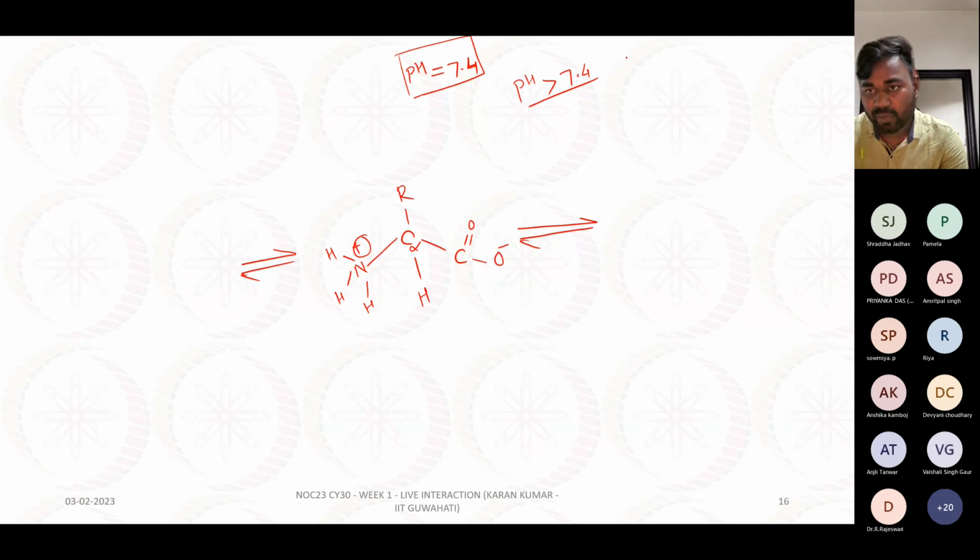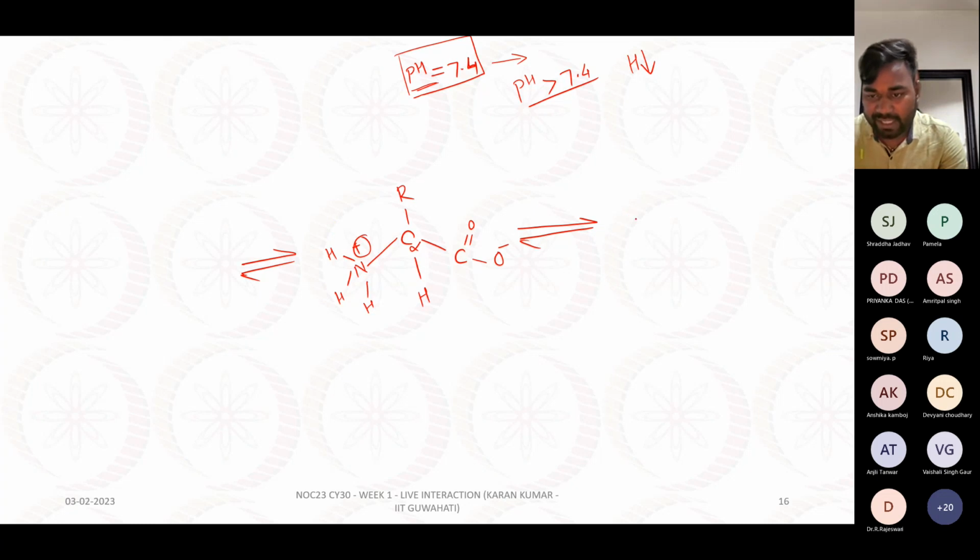pH greater than 7.4 means the H+ concentration is decreasing, right? When you are increasing the pH, the H+ concentration will be lowered, because it is tending toward the basic side. So when the base concentration keeps increasing, this alpha amino group will also lose its proton.